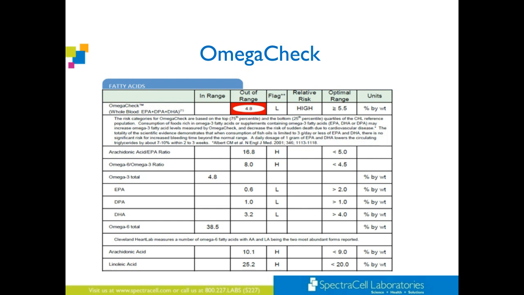So patients of yours may be taking omega-3s from various sources. It could be flaxseed oil, fish oil, or algae sources. They're just assuming that their levels are good, that taking 1,000 or 2,000 milligrams a day is going to protect them from heart disease or some other type of disease.